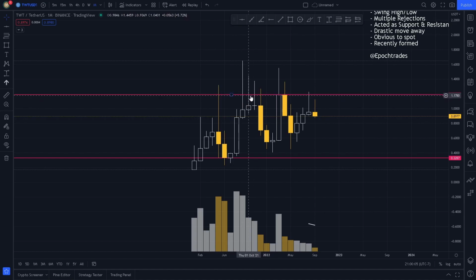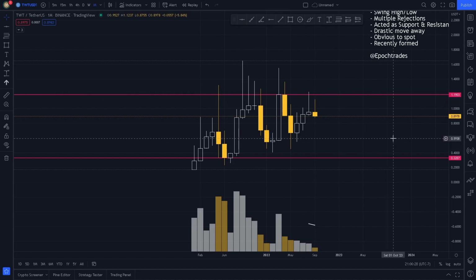We see it reacting to this level here, but we don't actually go off this. We actually go off this swing high based on the candle close. And that's why we plotted the key level here. But we can also see multiple rejections from wicks at this level.